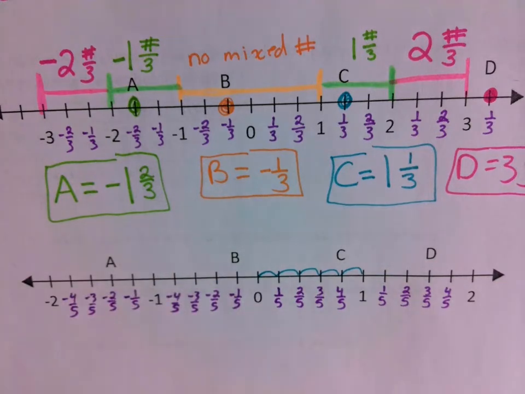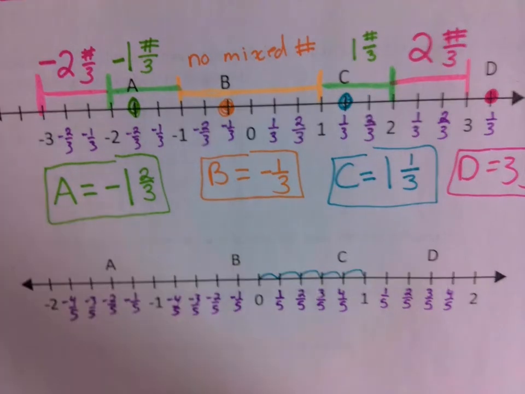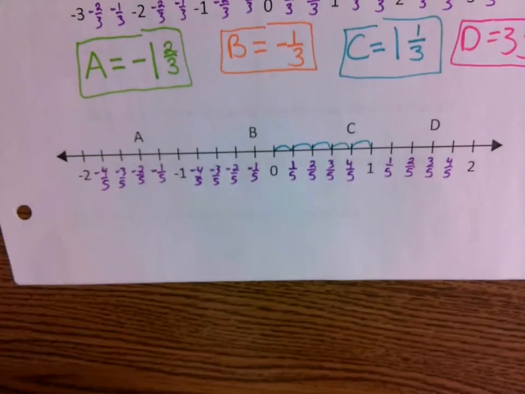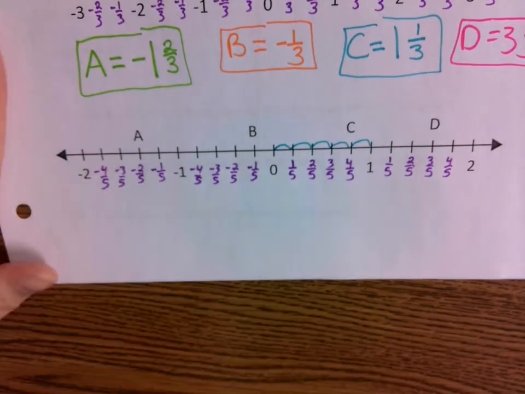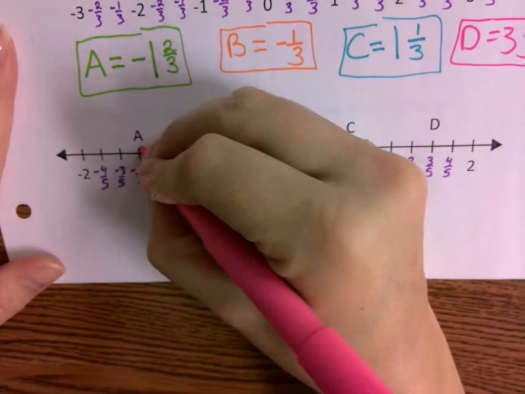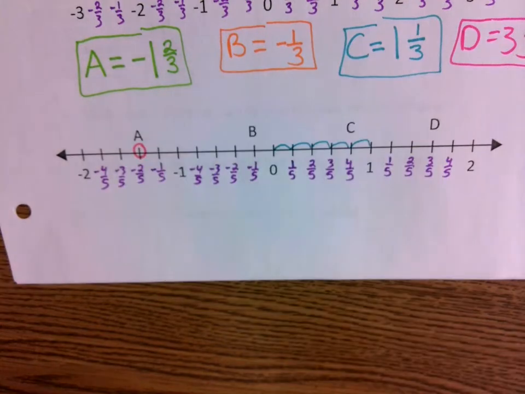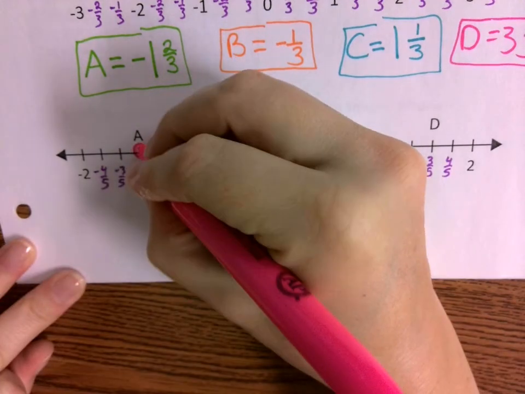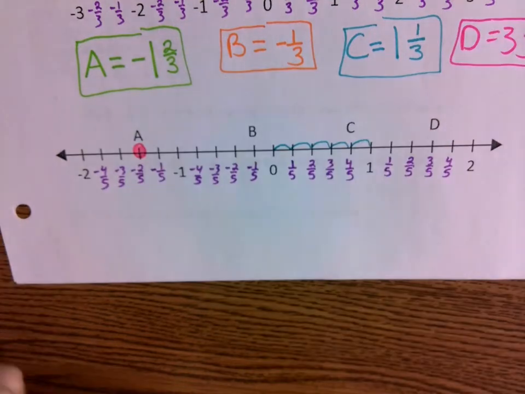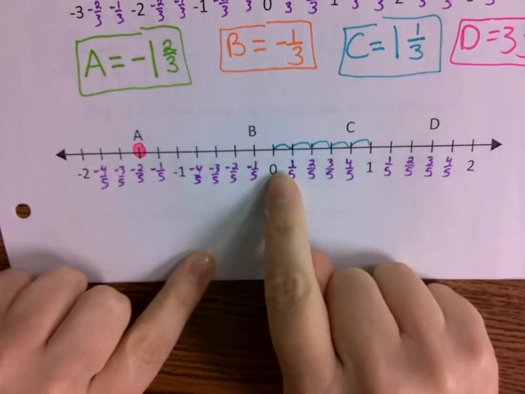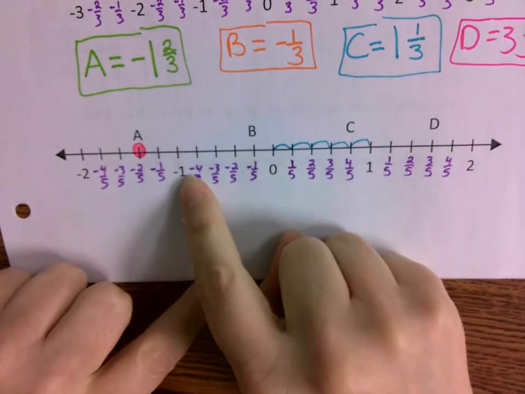Okay, so now when I'm trying to plot them, I need to see what I am passing. For point A, I'm going to highlight it so it stands out as a brighter pink. For point A, we start at 0. We passed one whole. Did we pass the -2?